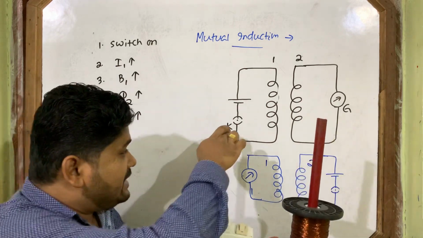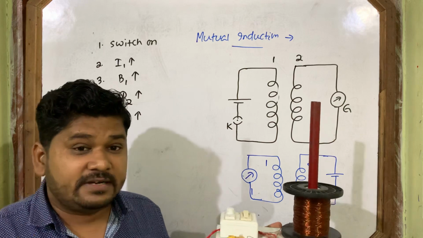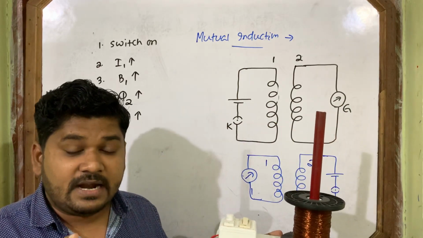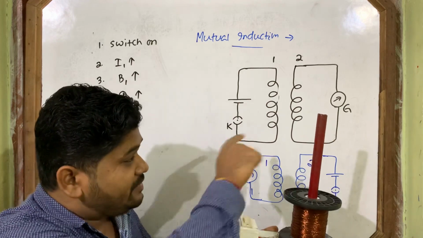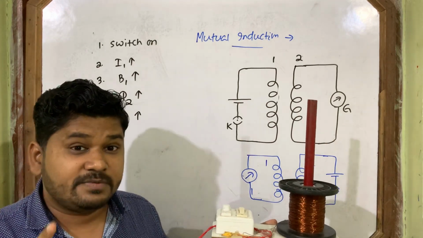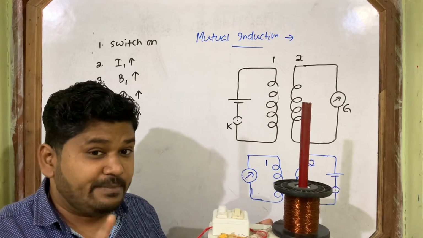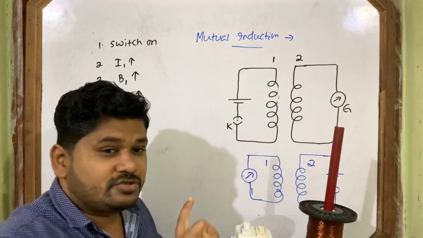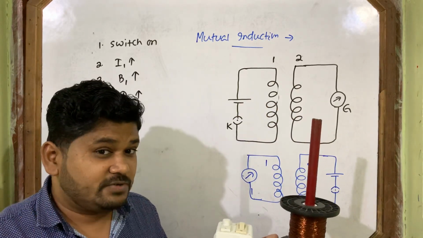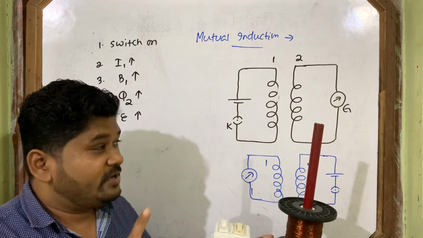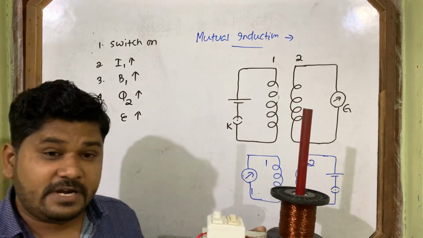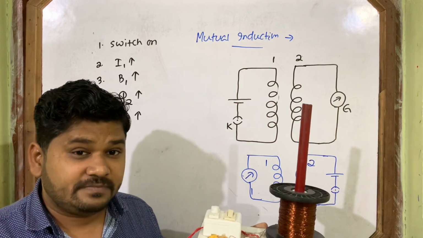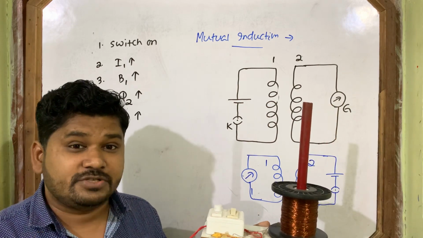When DC is connected, the galvanometer shows deflection at the time of switch on and at the time of switch off, but in between the current is constant, so the galvanometer shows no deflection. As I told you in the previous lecture, self-induction and mutual induction properties you will observe only at the time of switch on and switch off.